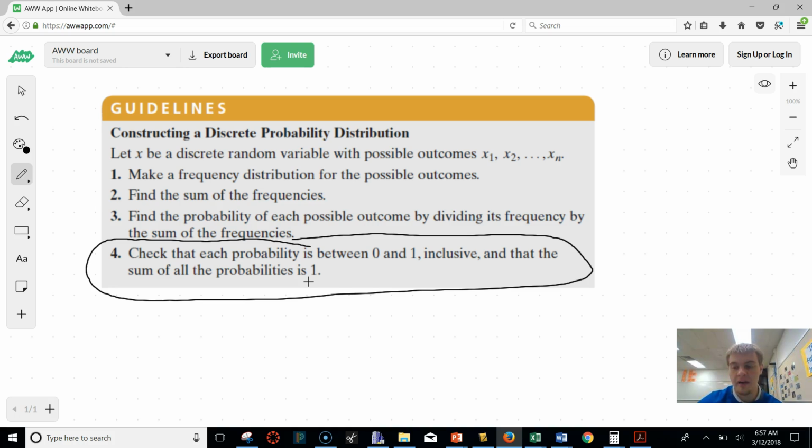If you don't have the probabilities add up to 100%, it's not a probability distribution because you're missing some data. I can't not get 100%. Everything always has to add up to 100% in stats or probability. Let's look at some examples and see how this works.